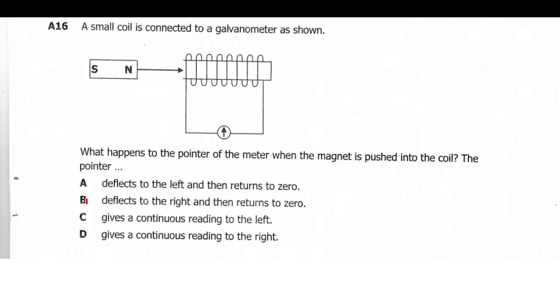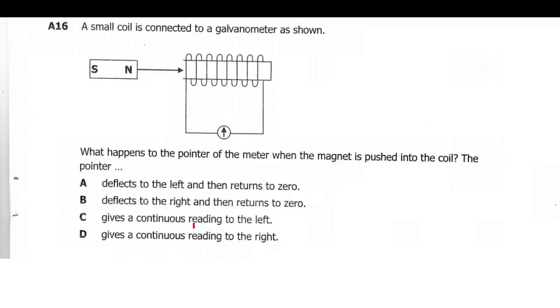Then B, the pointer deflects to the right and then returns to 0. Then C, the pointer gives a continuous reading to the left. Then D, the pointer gives a continuous reading to the right.